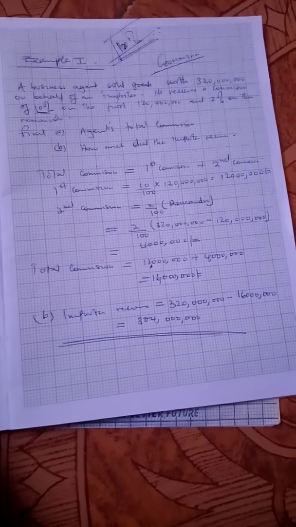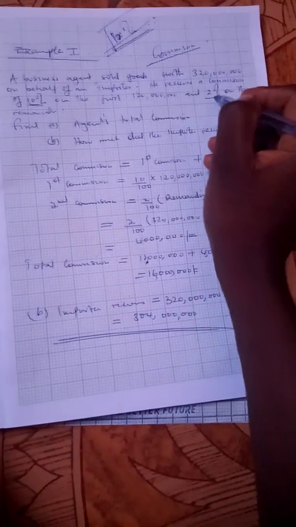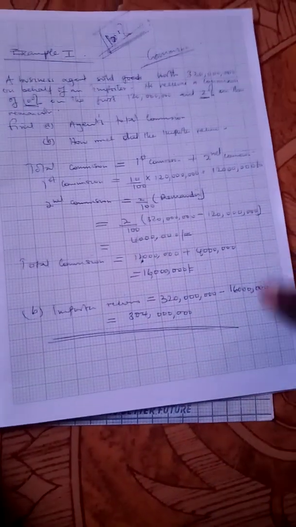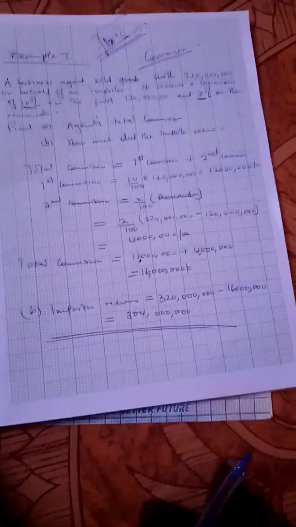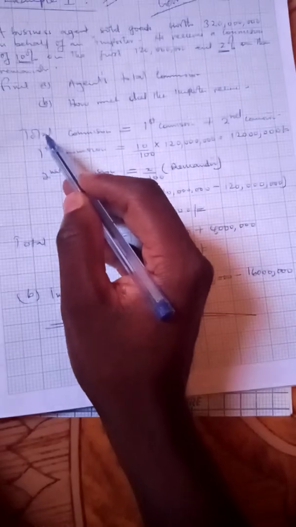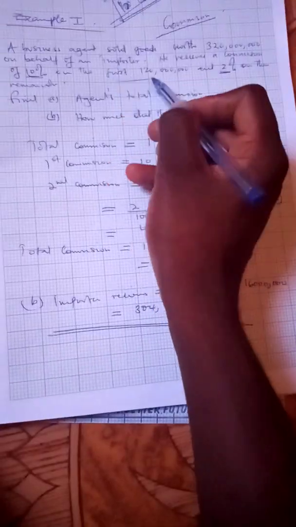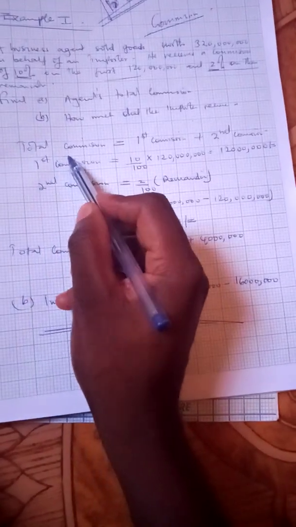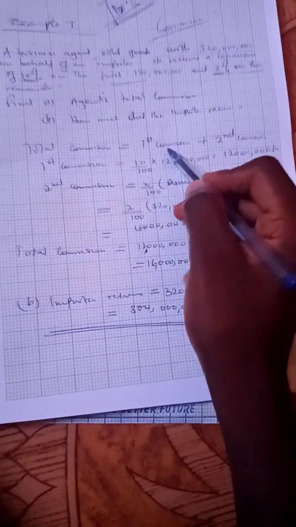And then on the remaining, when you sell, you will get 2% of that money. So we need to get the total commission the agent gets. Now we can see that there are two types of commission: the first commission and then the second on the remainder. So here I have the total commission equals first commission plus second commission.